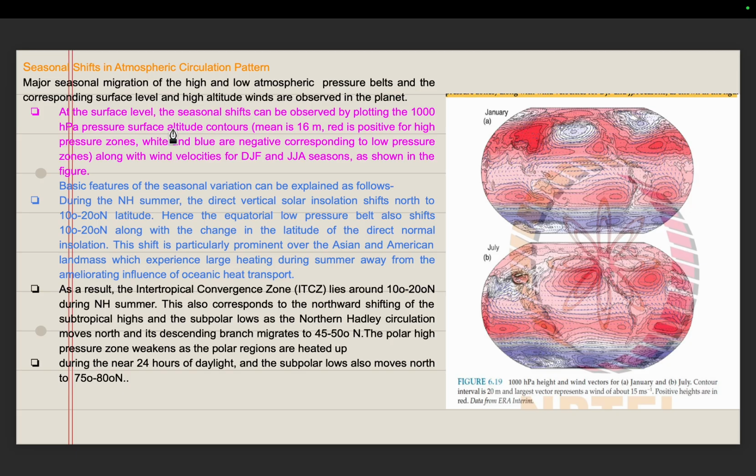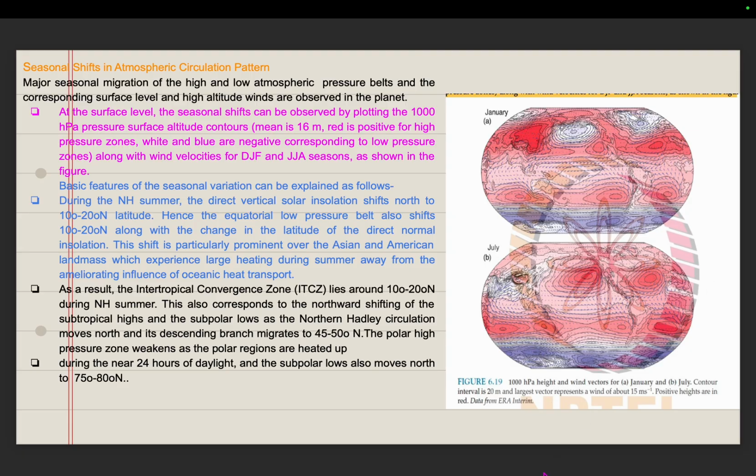At the sea level, the seasonal shift can be observed by plotting the 1000 hectopascal surface altitude contours, where the mean is 16 meter and the value is positive for the high pressure zones, while white and blue correspond to negative values and identify the low pressure zones. Here the 1000 hectopascal height and the wind velocity vectors for the month when there is a northern hemisphere winter, that is January, and the northern hemisphere summer, that is July, have been plotted.